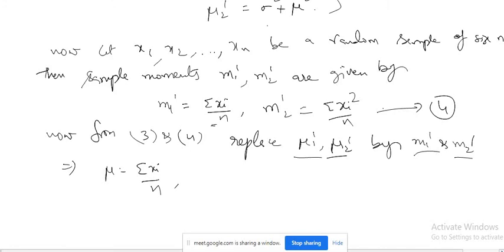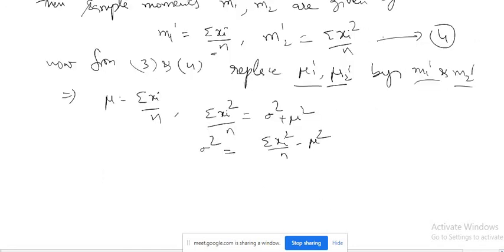Now from this one, what is mu2 dash? It is m2 dash. m2 dash is summation xi square by n, which equals sigma square plus mu square. That means sigma square equals summation xi square by n minus mu square, where mu is summation xi by n. So sigma square is summation xi square by n minus (summation xi by n) whole square.